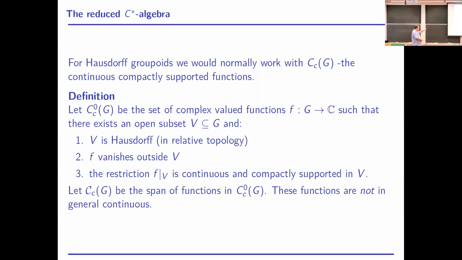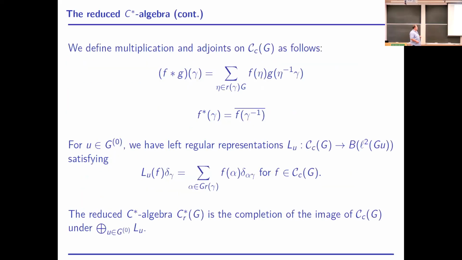So we lose continuity, but these functions are closed under the normal convolution and adjoint operations on groupoids. So we lose continuity, but we keep the standard products and adjoints on a groupoid algebra, and the rest of the construction of the reduced C-star algebra can proceed as normal.